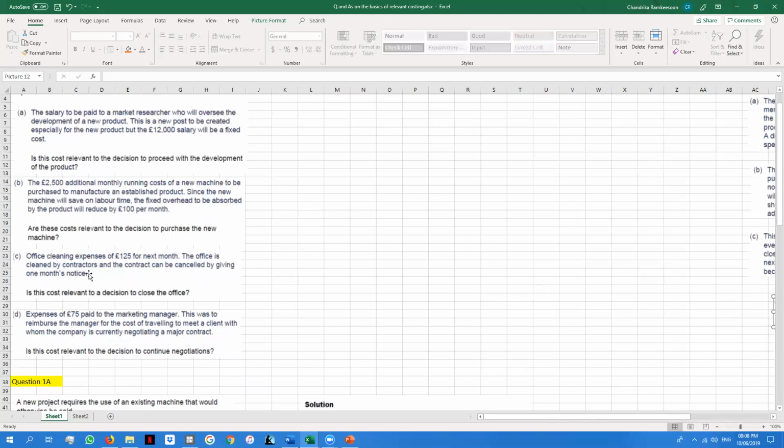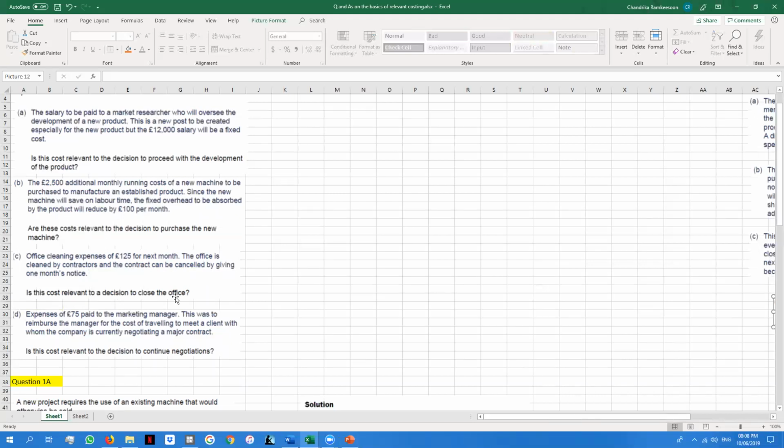The office is cleaned by contractors, and the contract can be cancelled by giving 1 month's notice. Is this cost relevant to a decision to close the office? So the company is trying to decide whether they should close the office or not. That's the decision, and with the description given about office cleaning expenses, you've been asked, is it relevant?